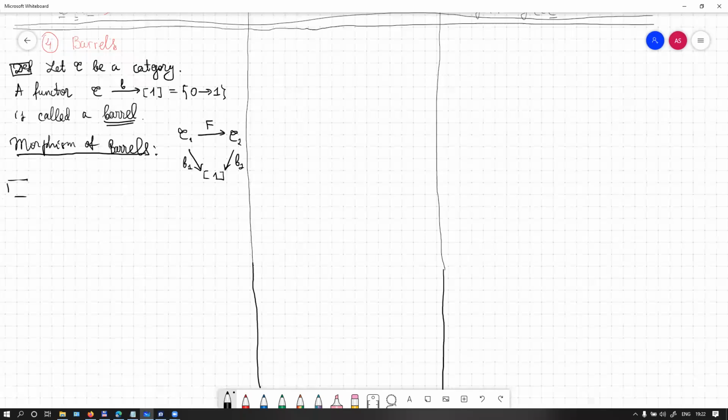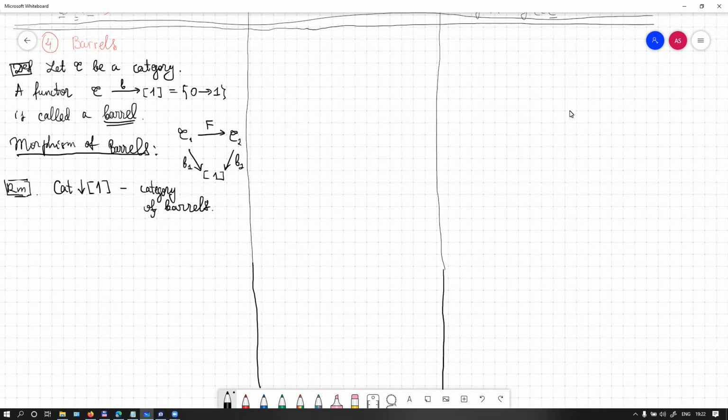Let's not call it a definition. Remark. So, comma category. Cat comma 1 is a category of barrels.